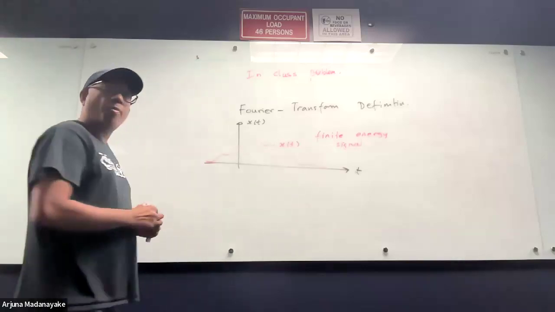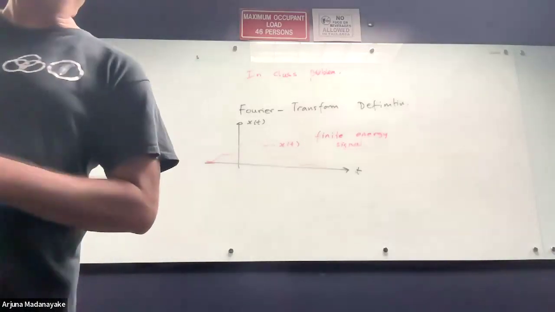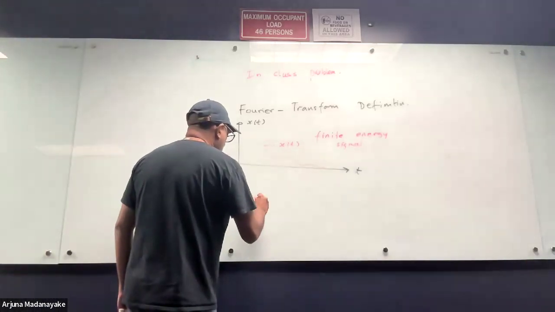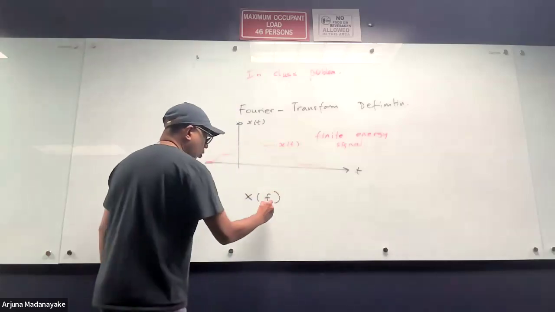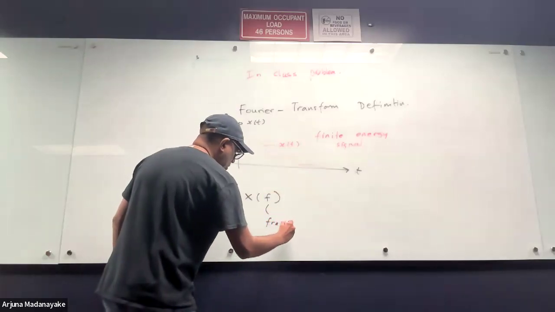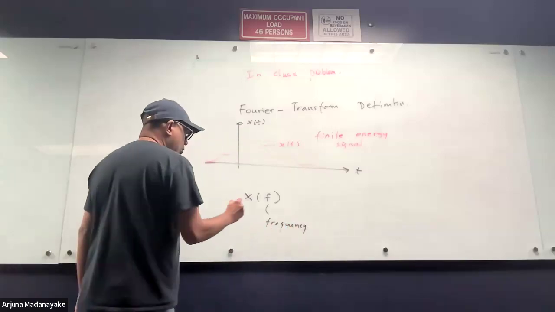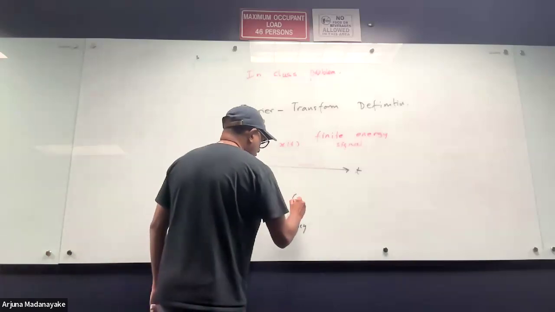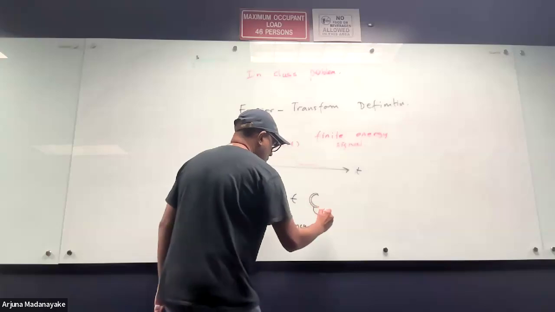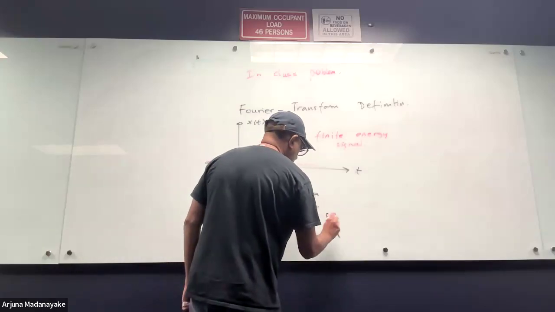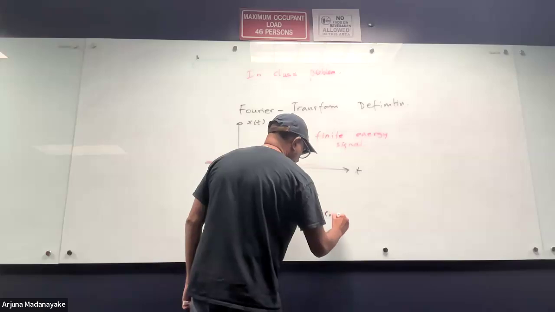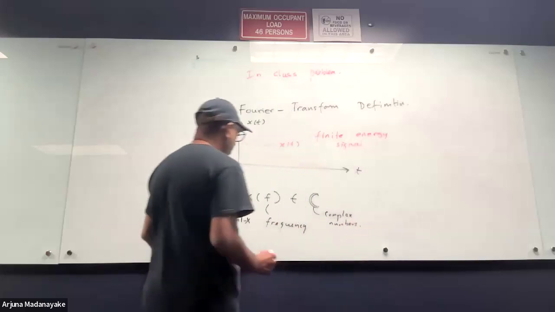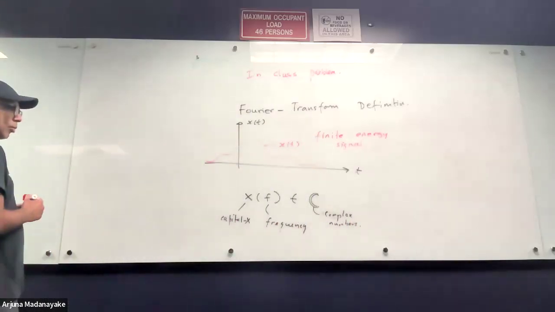There's some mathematical operation that is linear and time invariant, defined like so. We have a variable f called frequency. So this is capital X, and this is complex valued.